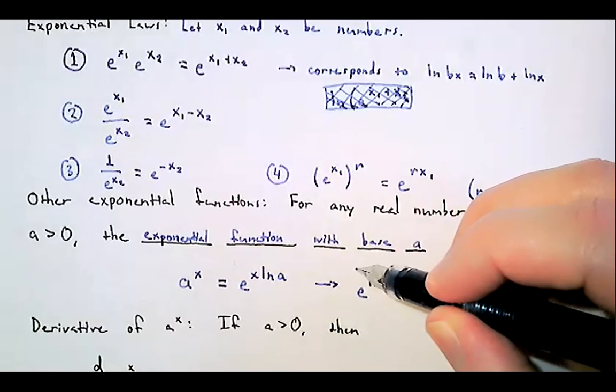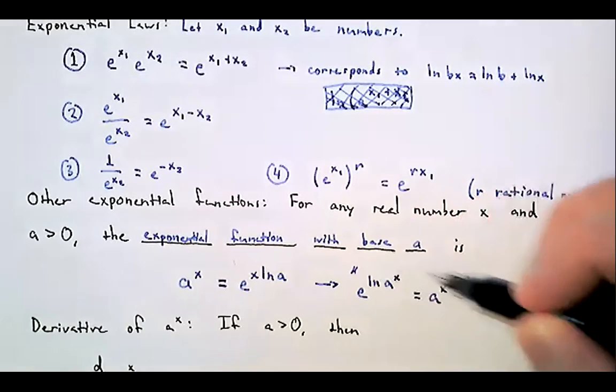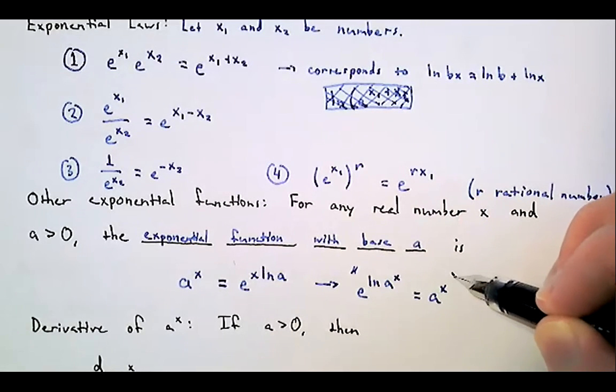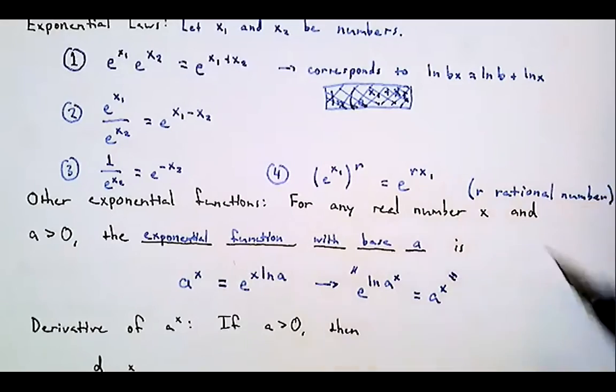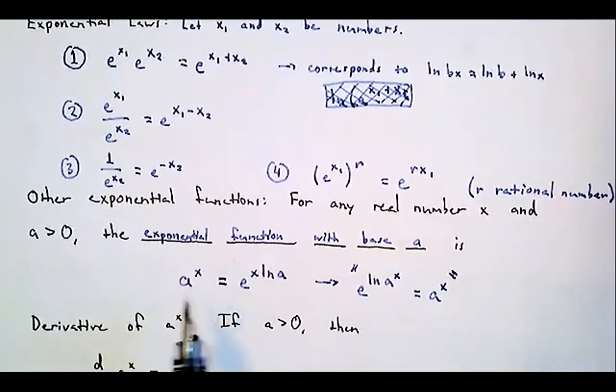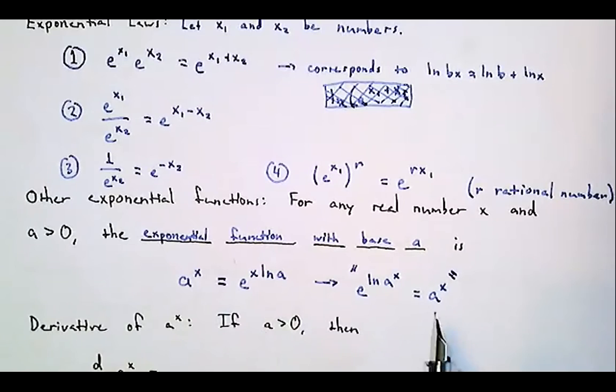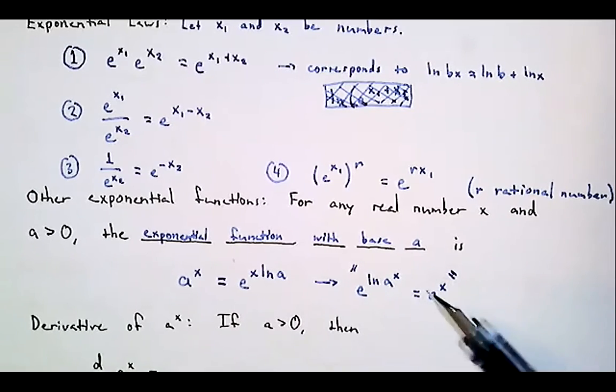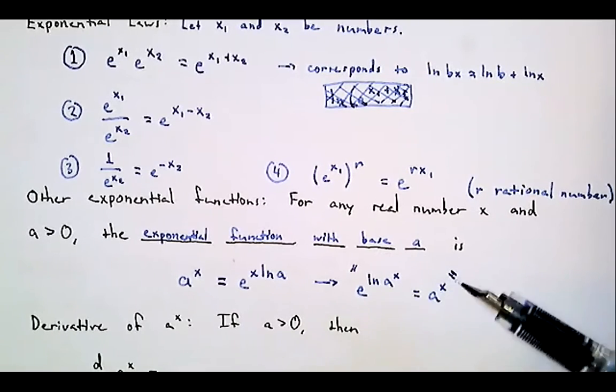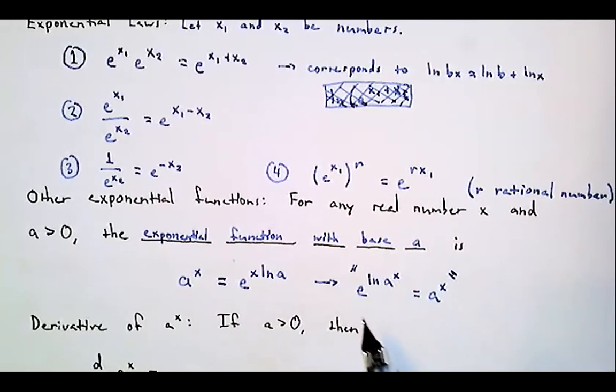I should probably put this in quotation marks because I'm defining a to the x this way. It would be a circular explanation if I'm not putting quotations around this, because this isn't exactly how it works, but this is the way that we should think about it.